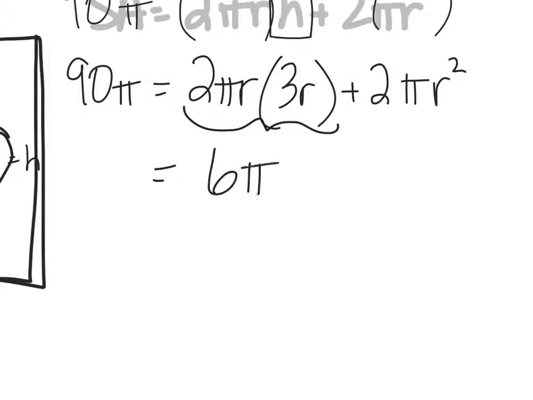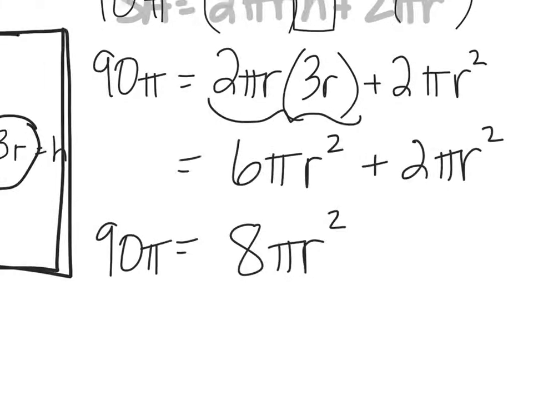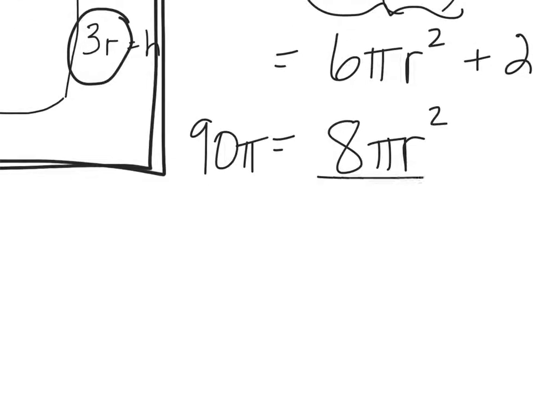So this is 6 pi r squared when I multiply 2 times 3 and r times r, plus 2 pi r squared. I can combine these like terms, and I get a total of 8 pi r squared equals 90 pi. This is a much simpler algebraic problem than what it would have been had we replaced r with 1/3 h.